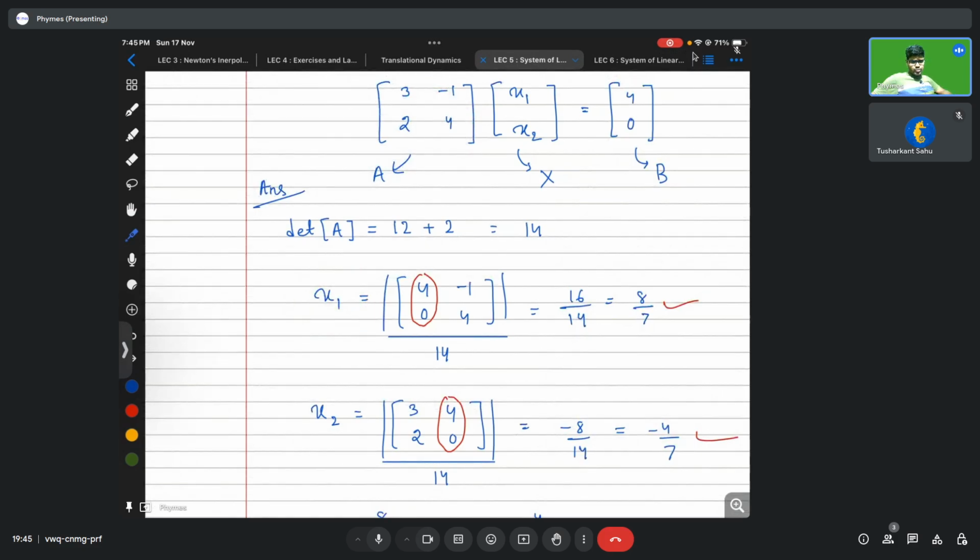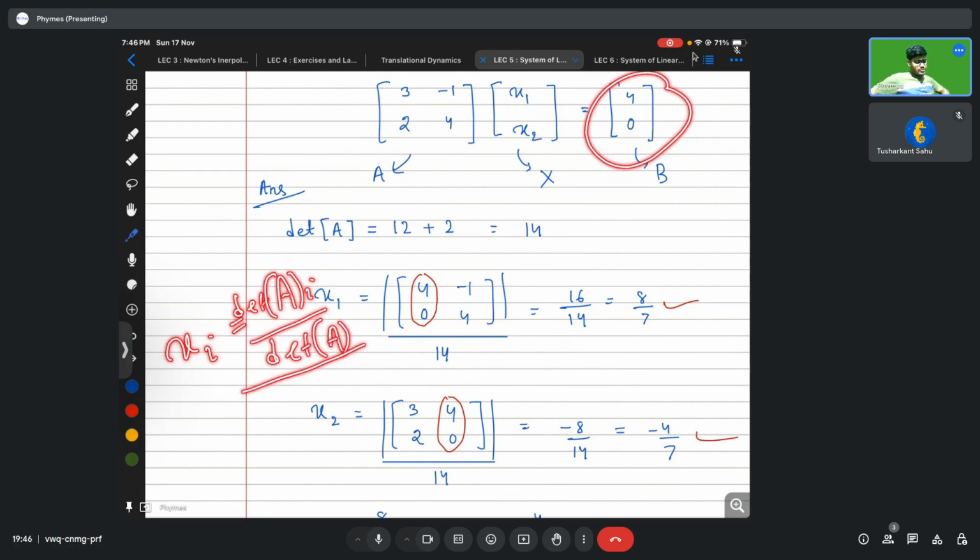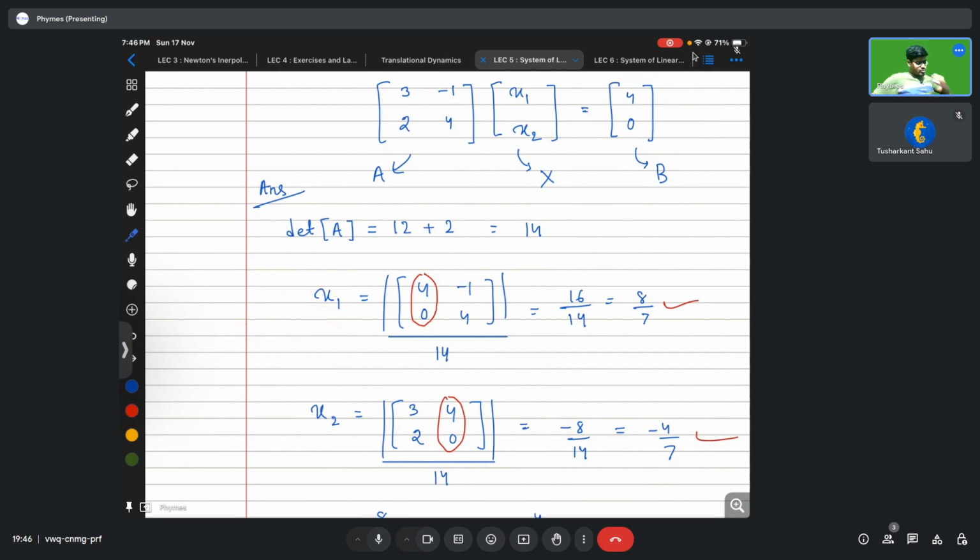To find x1, you have to replace the first column with this column vector b, because xi is the determinant of Ai divided by the determinant of A, where Ai is the matrix in which you replace the ith column with the vector b.